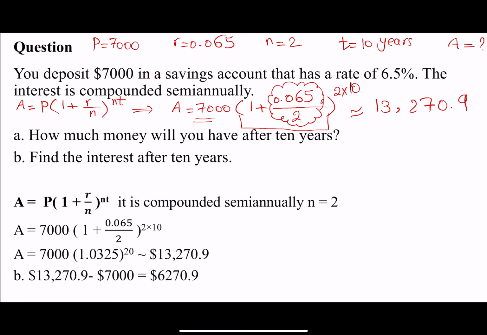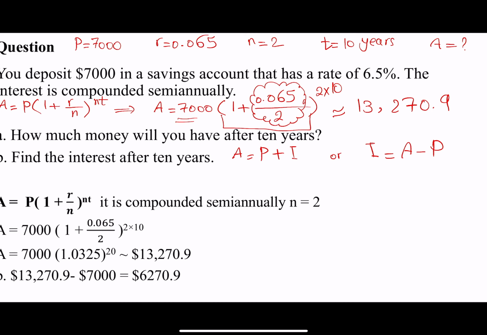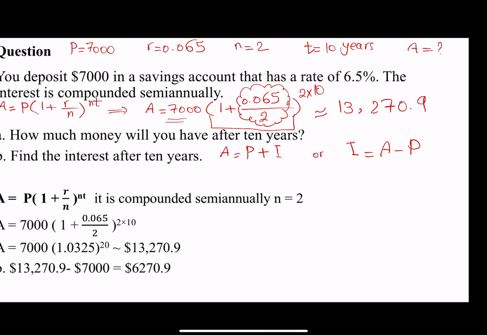Now part B says find the interest. We know that future value is principal plus interest, or interest is future value minus principal. So interest is the difference between future value and principal.